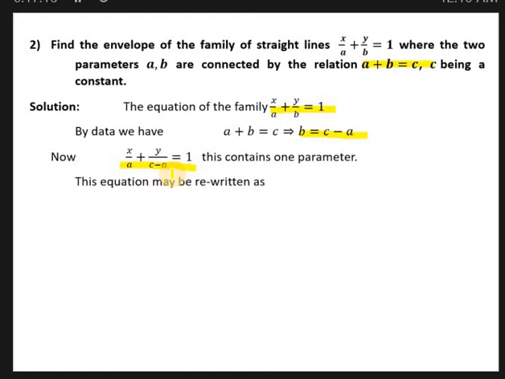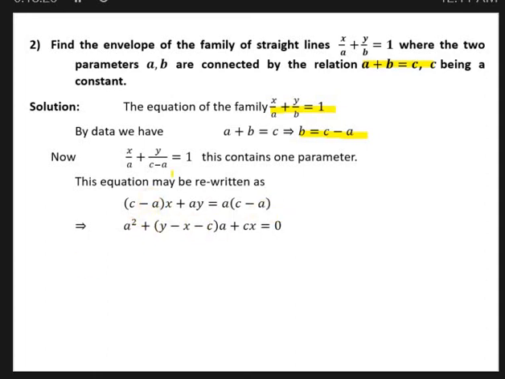Now, this equation can be written as, we have taken LCM and simplified, c minus a into x plus a y is equal to a into c minus a. Transfer a into c minus a to this side and simplify.